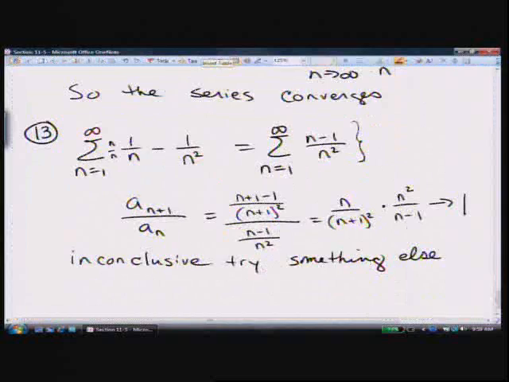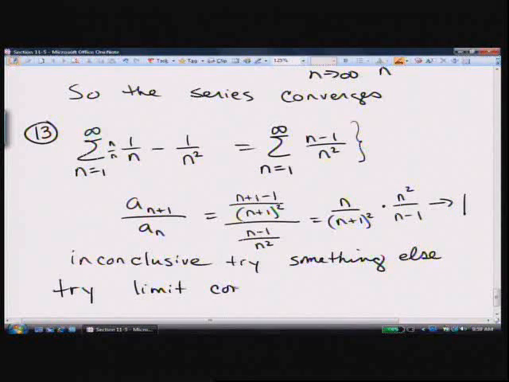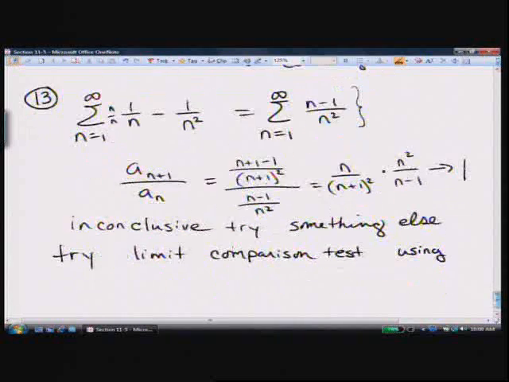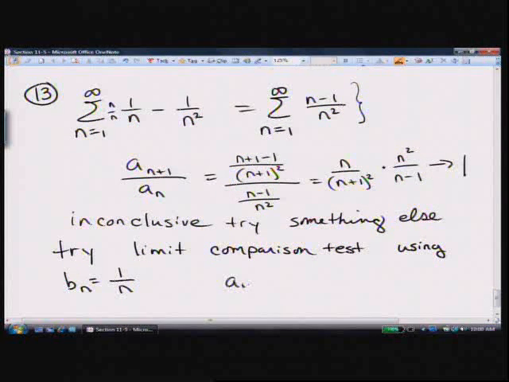So we could try the limit comparison test using 1 over n, which is our b sub n. So we look at a sub n over b sub n, the limit as n goes to infinity.